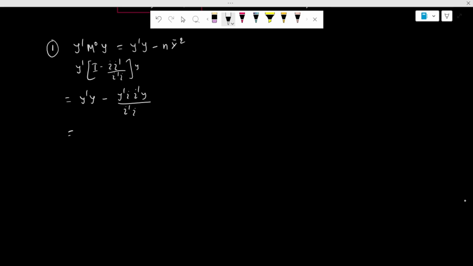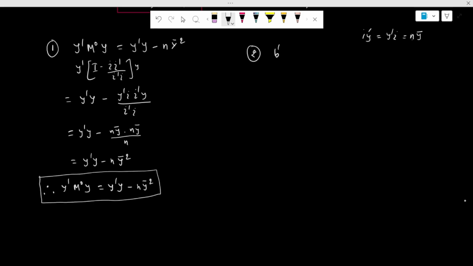As we have already seen, i transpose y, as y is a vector, should be equal to y transpose i, and this is equal to the total of y, given by the number of observations multiplied by its mean. So we have n y bar for y transpose i, and for i transpose y also we have n y bar, divided by i transpose i which is n. This is equal to y transpose y minus, let us cancel one n, and therefore we are left with this relationship.